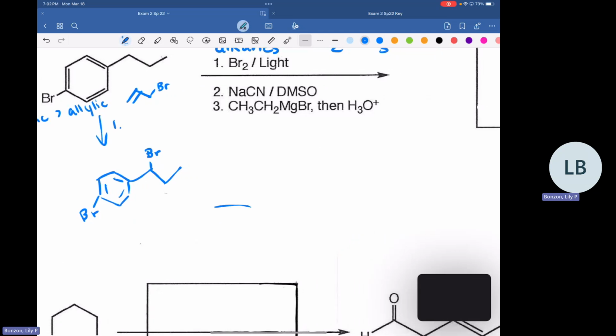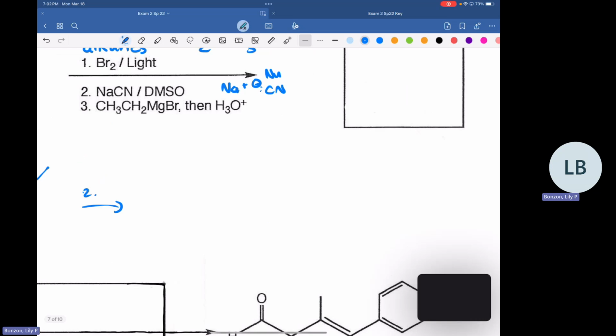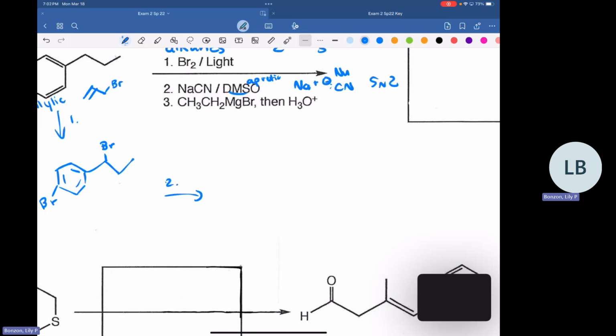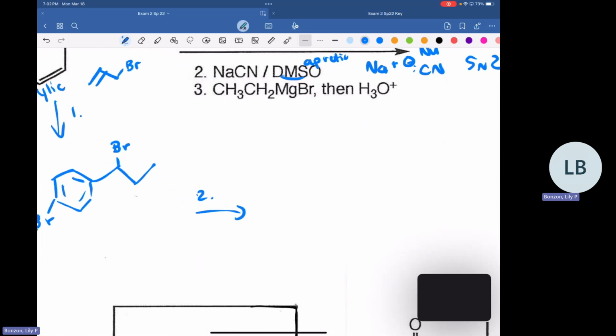Okay, so for our second reaction, this is also a throwback. We have NaCN, and this one is going to be a strong nucleophile, and we've got an aprotic solvent. This one's going to be an SN2 reaction. So we're going to replace the bromine that we just put on, and we're going to put a CN nitrile in its place.